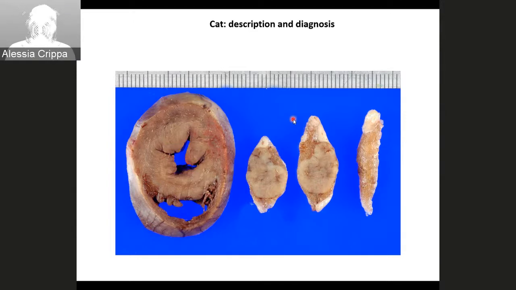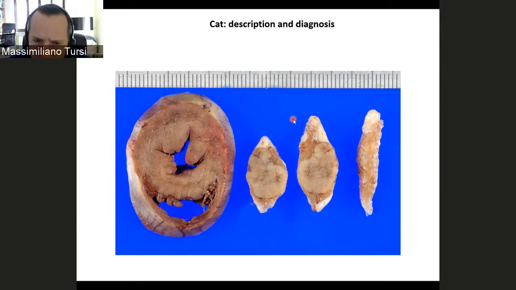That's the last case before the mock examination. For the mock examination, you will see, I don't remember, maybe 10 or 11 pictures. You have 3 minutes for every picture, and you have to write the answer on your table, and when we finish, you have time to discuss together.